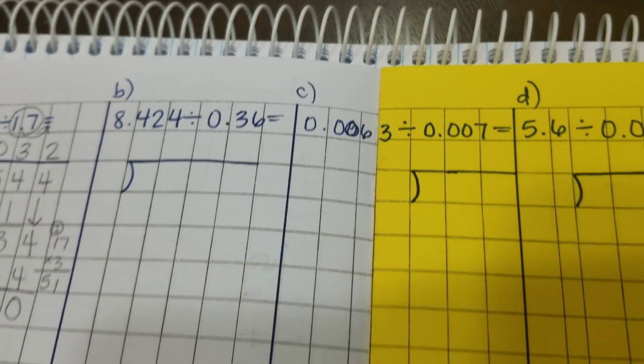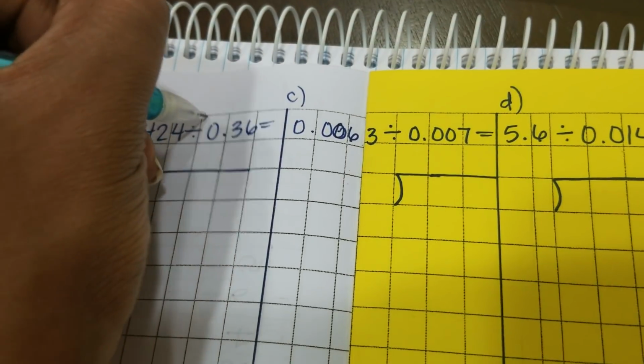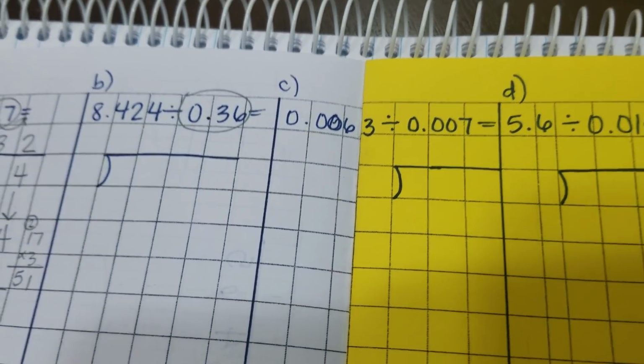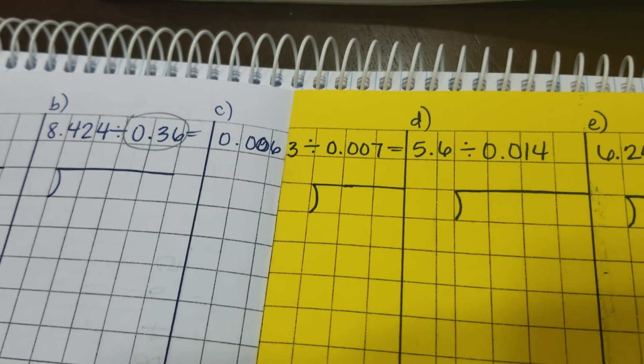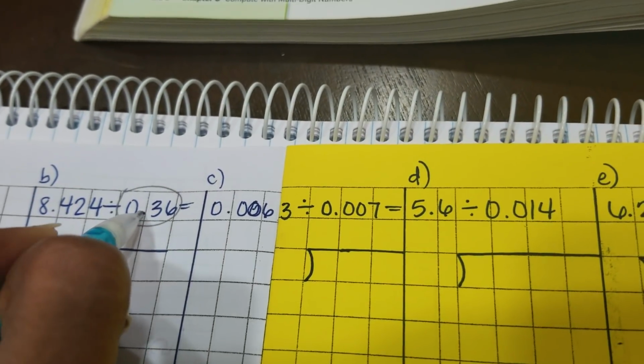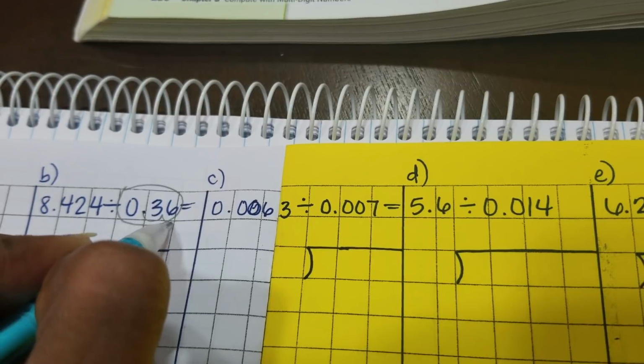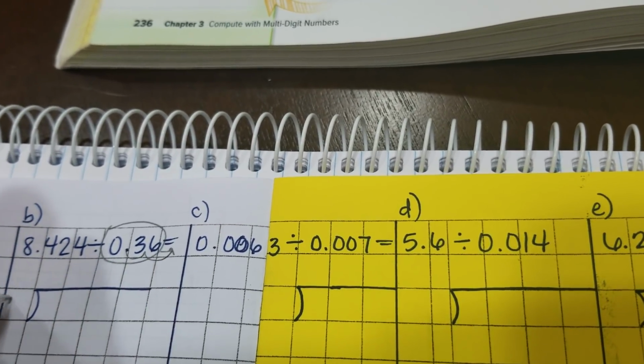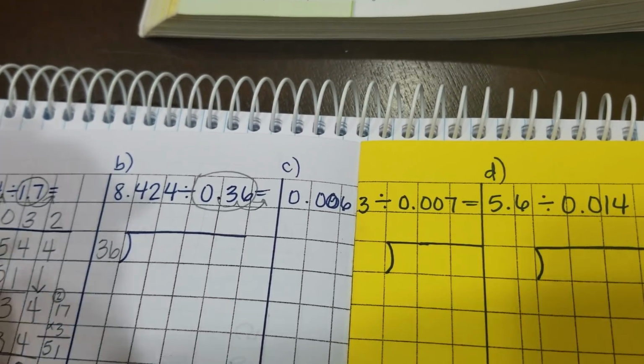Okay. For question B, remember we start with our second number, and if there's a decimal point there, we have to move our decimal point until we get it to the back. So in this case, it's 2 times. So now we have a 36 on the outside, and we have to move it 2 times on the first number.